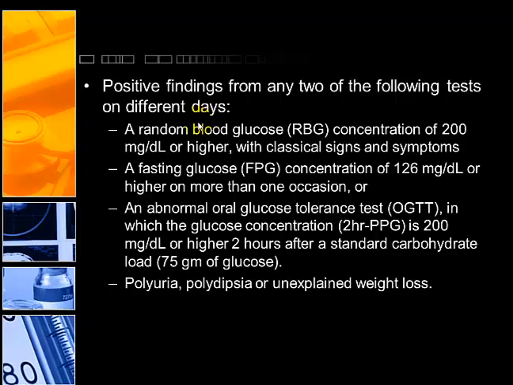If we have to measure blood glucose levels, we have different methods. One is the random blood glucose or RBG, a fasting plasma glucose or FPG, and an oral glucose tolerance test.